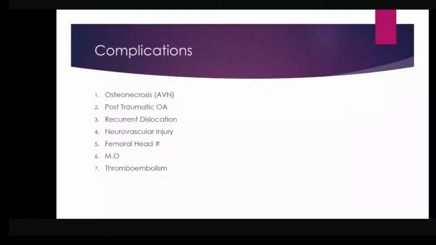Osteoarthritis, recurrent dislocation is very rare. Neurovascular injury can occur. Associated femoral head fracture, femoral neck fracture, acetabulum fracture can occur. Thromboembolism can occur in any significant injury, particularly in shaft femur fracture.